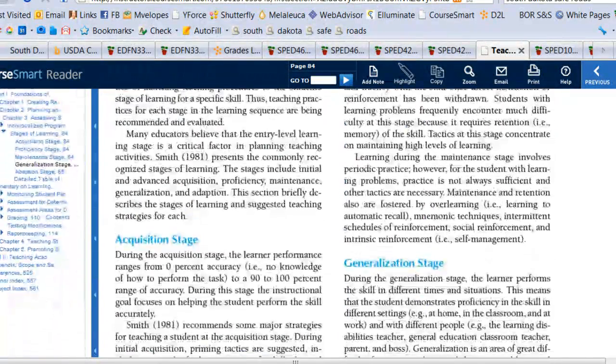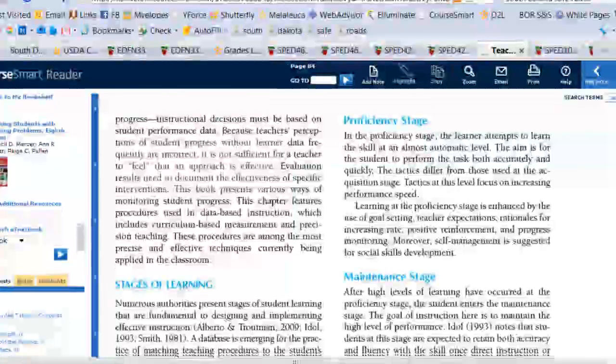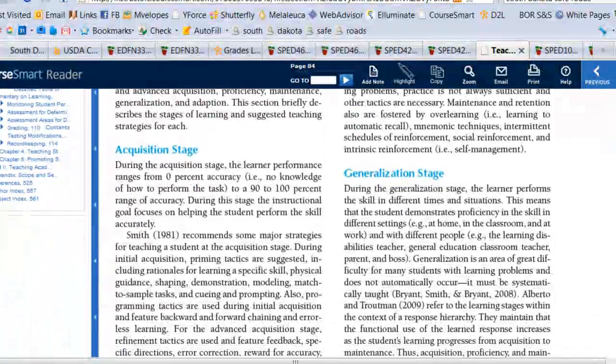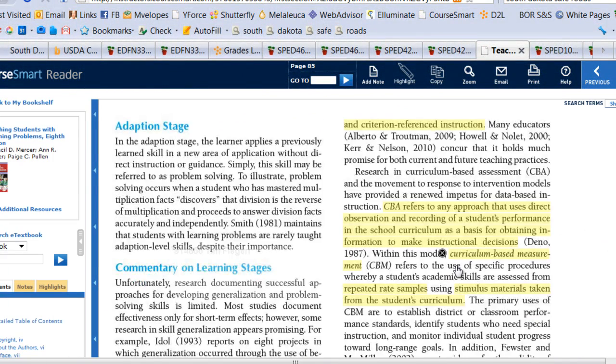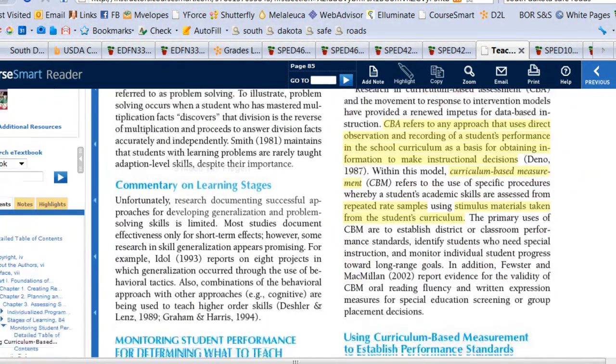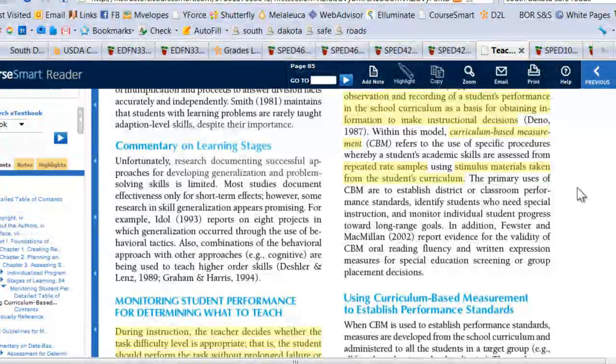The stages of learning: the acquisition, the maintenance, the proficiency, maintenance, generalization stage. And you'll need this knowledge of this, your awareness of this, to understand the ideology of teaching. Then the adaptation stage, and then there's just some commentary on the stages.